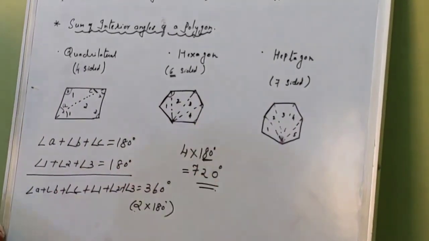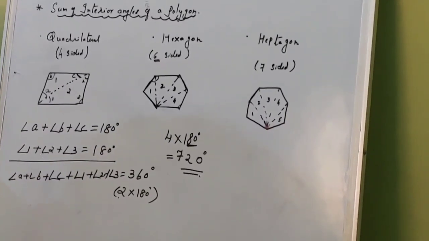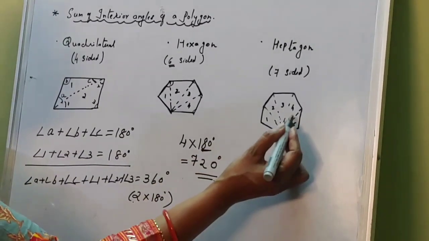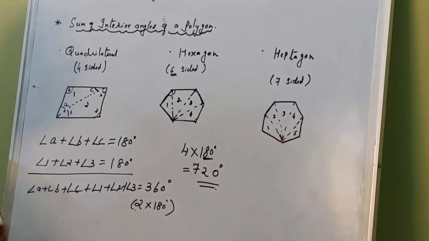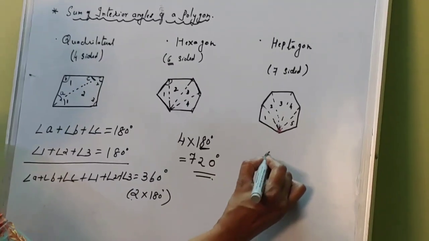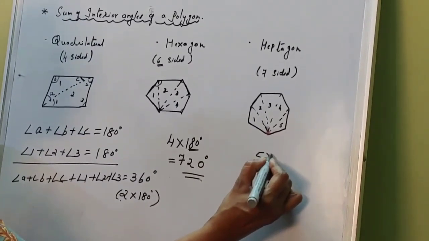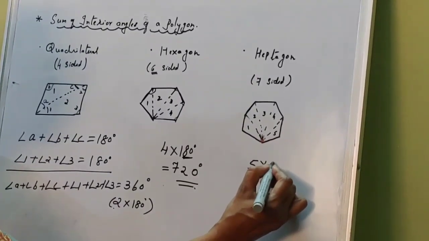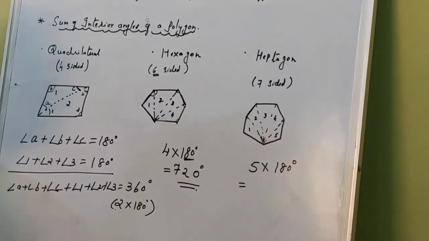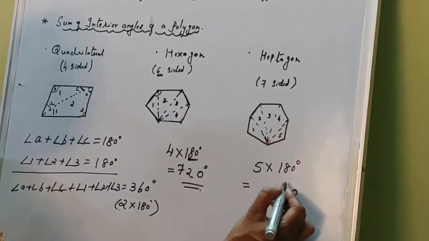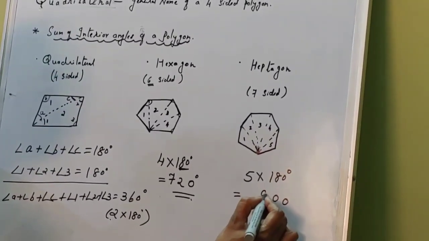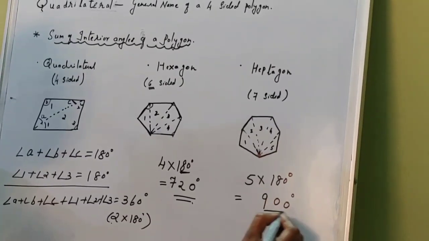Now we take a heptagon, which is a 7-sided polygon, and here we can see we have divided the heptagon into 5 triangles. Similarly, we can find the sum of interior angles of a heptagon as 5 into 180 degrees. 5 into 180 degrees is 900 degrees.